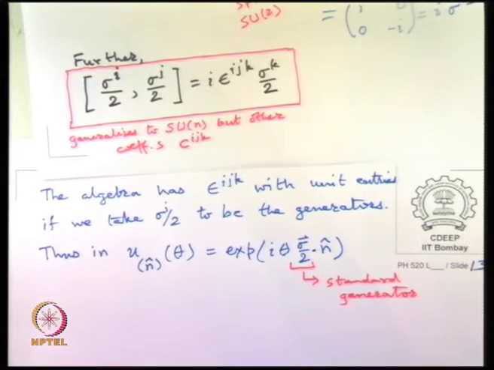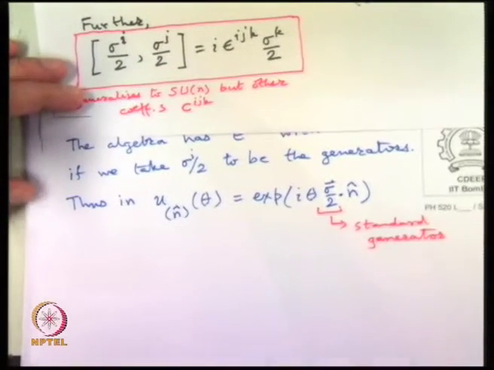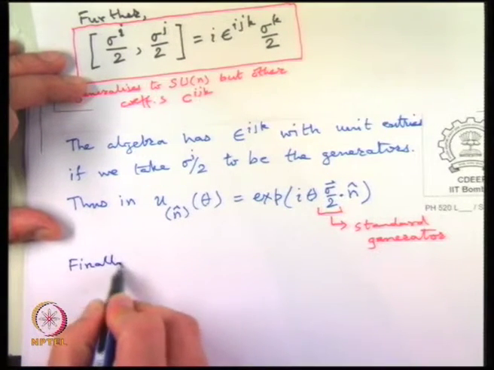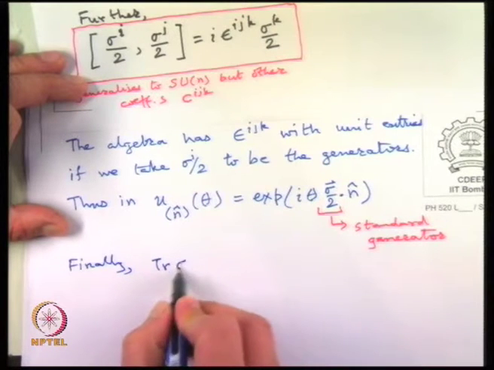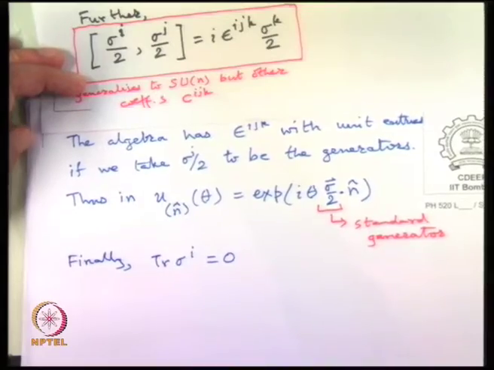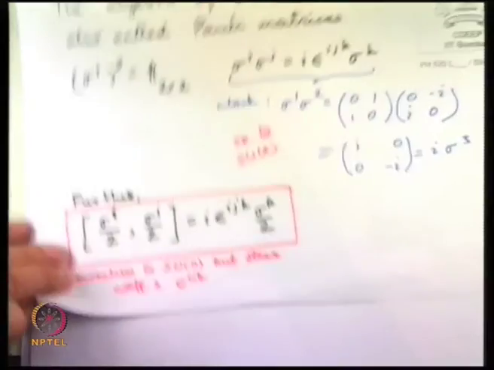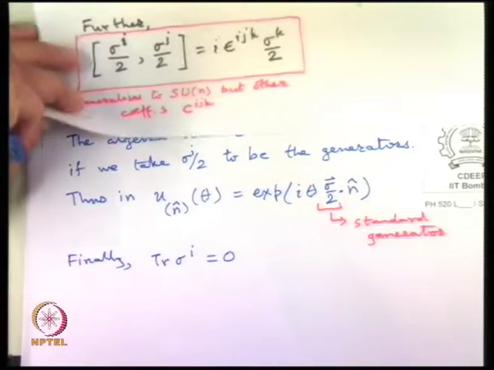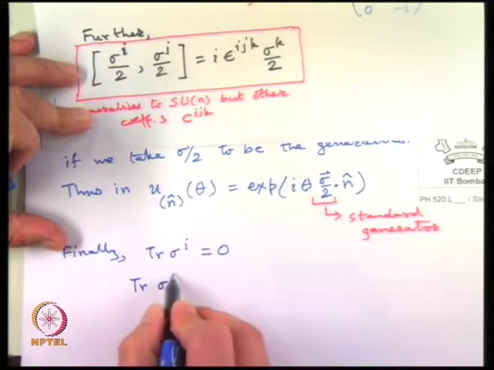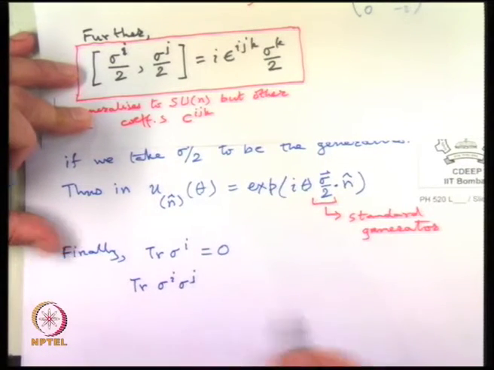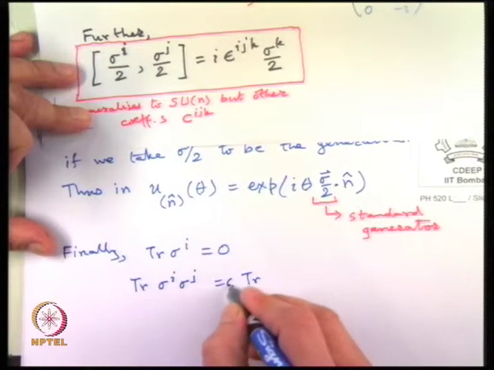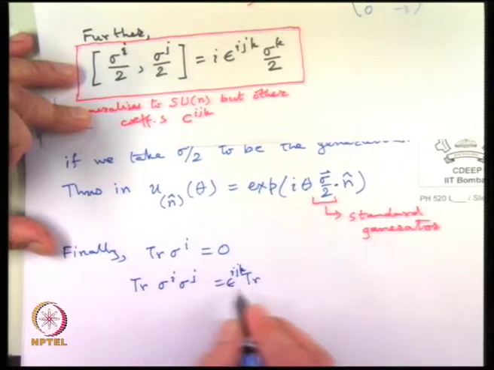Sigma matrices also have the additional property about their traces. Trace of any of the sigmas is 0, as they are traceless on the diagonal, and that's a famous property of Pauli matrices. And the trace of sigma i sigma j is going to become equal to trace of epsilon ijk, which is a symbol, so I can take it out.